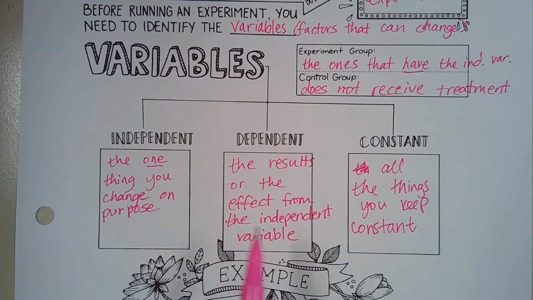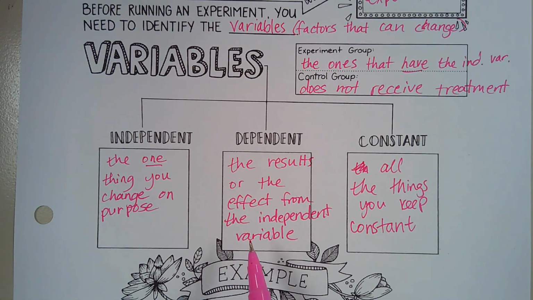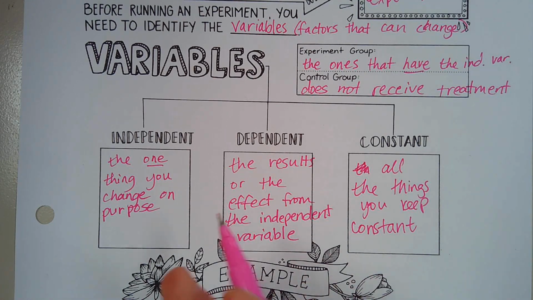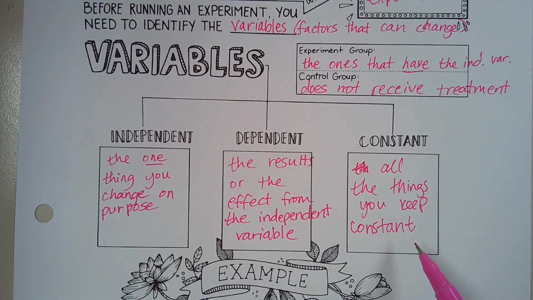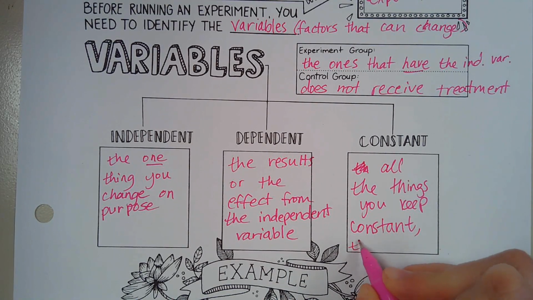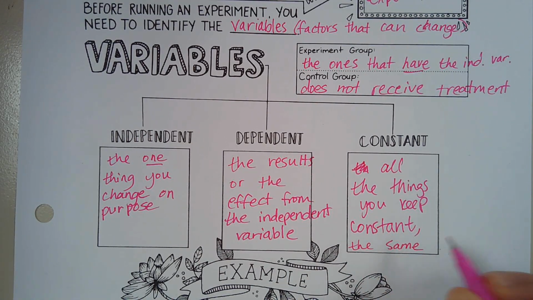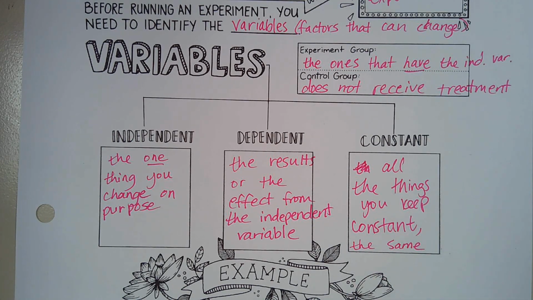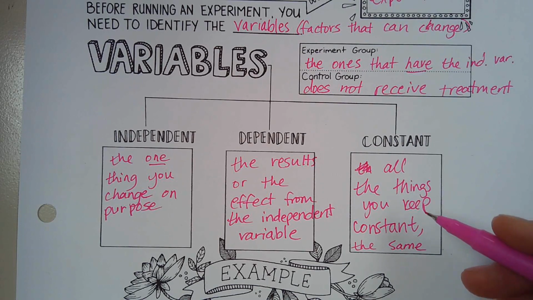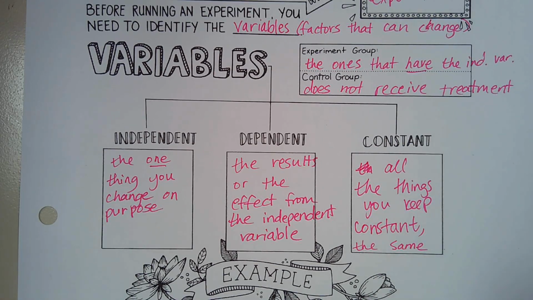The independent or the dependent variable would be how the stain comes out, right? So you do your experiment, at the end you look, you compare the stains to each other, that's your dependent variable. And then the constant variables are all the things you keep constant or the same, so they don't affect the experiment. So if you had 4 white t-shirts and you put ketchup on all of them, right? The stain, the material that's the stain, that would be a constant.